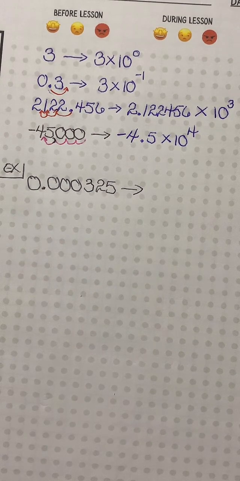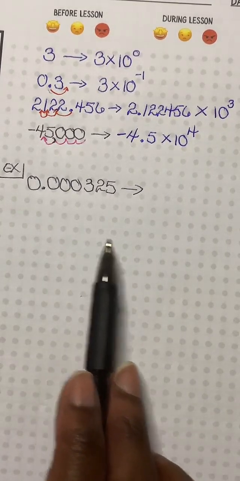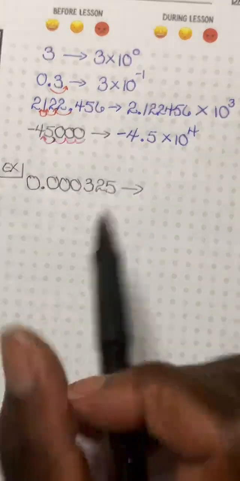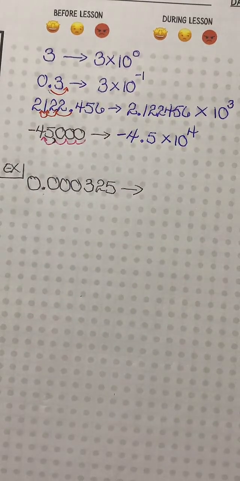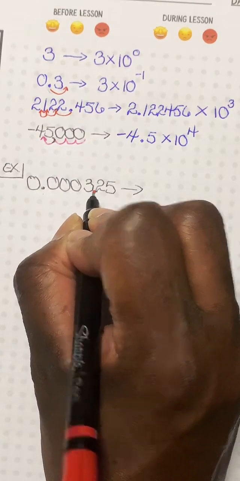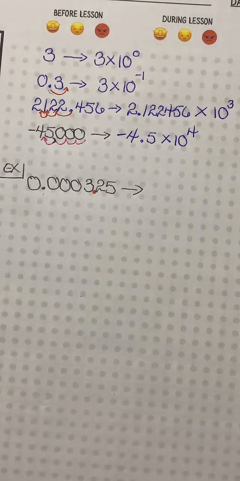Let's think about where our decimal needs to be. We need to have a whole number in front, then a decimal. So that means we need for this decimal point to be in between the 3 and the 2, because then we'll have 3 point something.